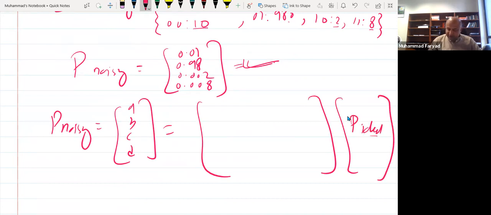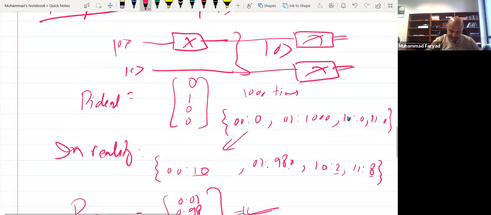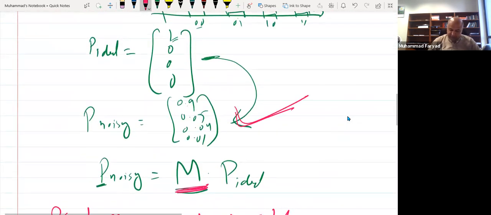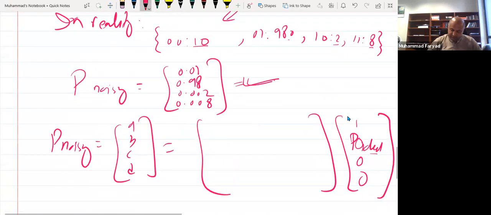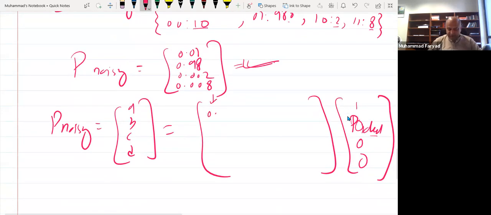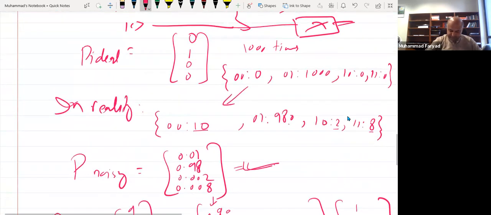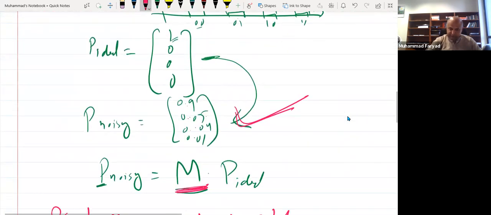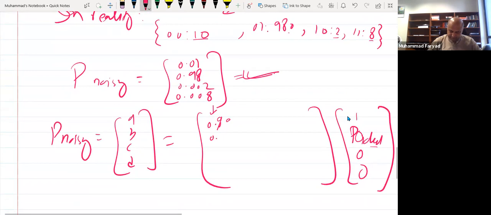When P ideal was 1, 0, 0, 0, I was getting this result: 0.9, 0.05, 0.04, 0.01, which means that the first column of this matrix should be 0.9, 0.05, 0.04, and 0.01, because this transforms the 1, 0, 0, 0 state to the state that we measure.